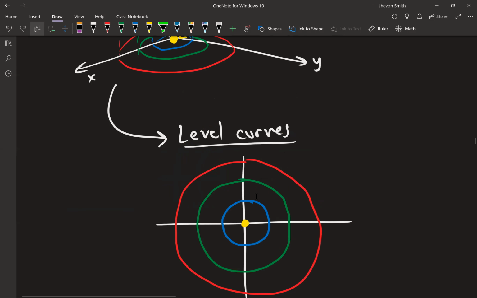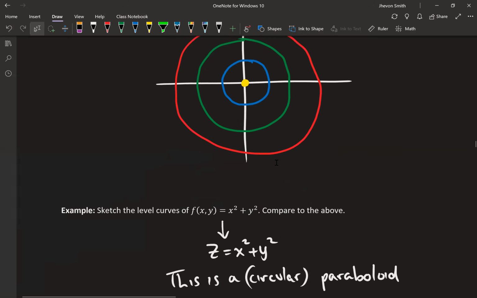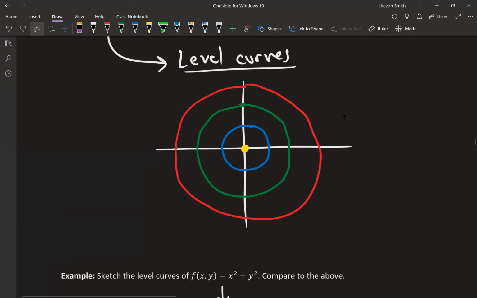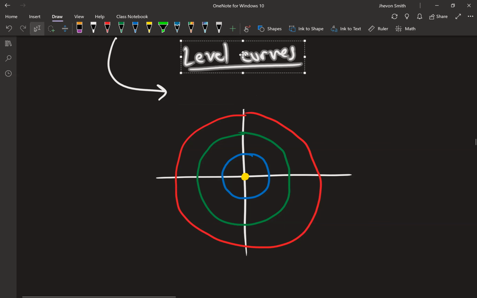I might have done a level curve for one thing and I got this picture, and I look at a level curve for another thing and I got this picture, and these two pictures are very similar together, right?